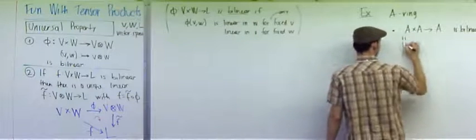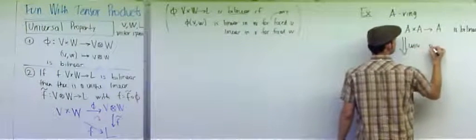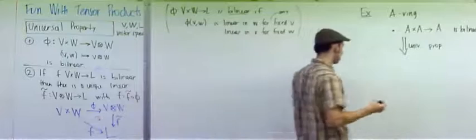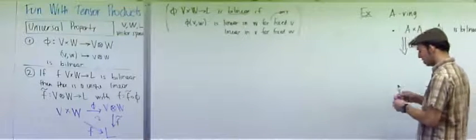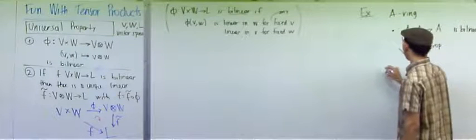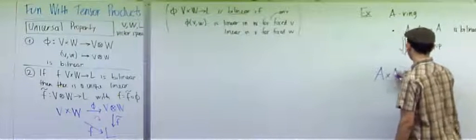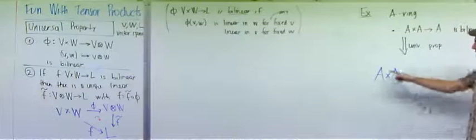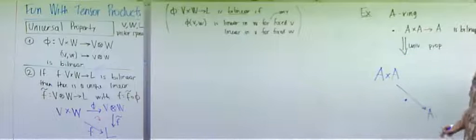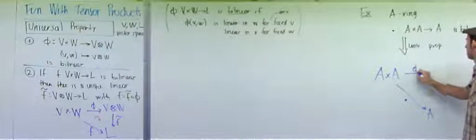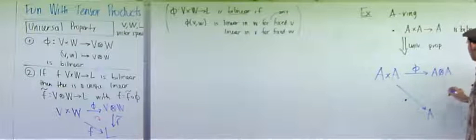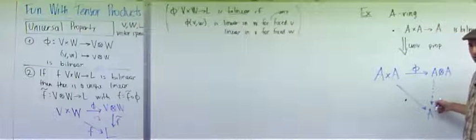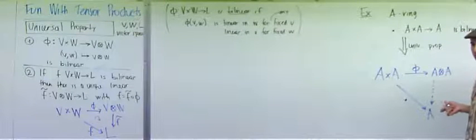Therefore, the universal property says that, let me maybe draw the picture so that we get used to it. Here's our multiplication. And the universal property says that this has to factor through phi. In other words, here's phi. Here's the tensor product. And I must have a map here guaranteed by the universal property. And that map is exactly the multiplication that I'm trying to define.